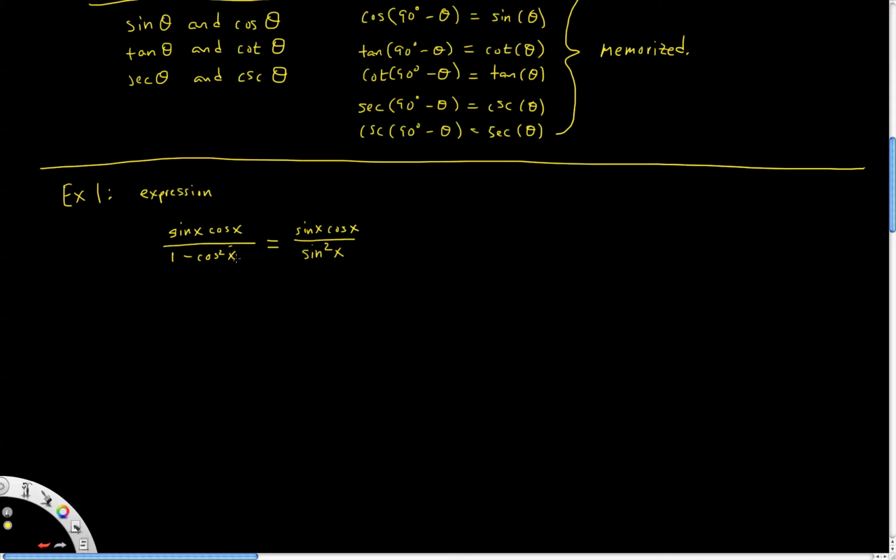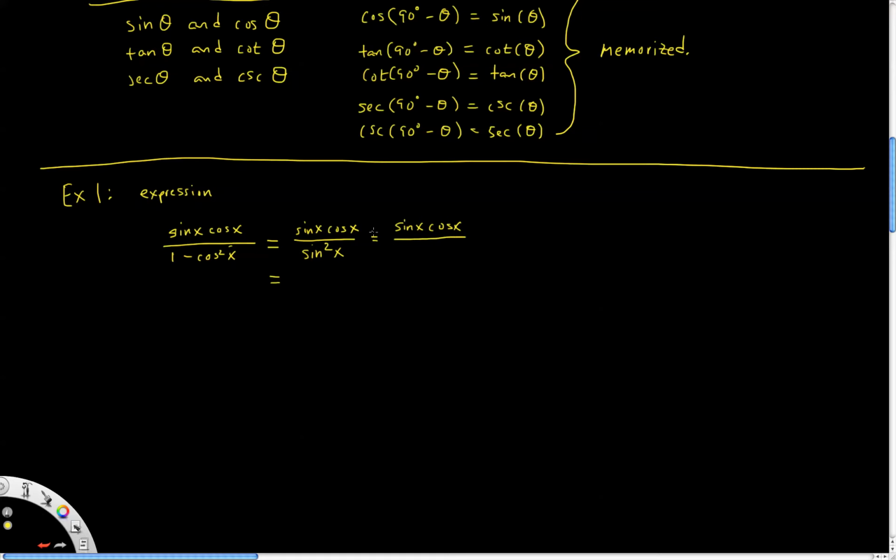All right, well, why was this a good move? In terms of simplifying this, instead of having this subtraction in the denominator, which I can't cancel anything in the numerator with, now I've gotten rid of that subtraction, and I can see that one of the sine x's in the numerator will cancel with one of the two sine x's in the denominator. And just to drive home the point, let's make sure that we understand what sine squared x means.